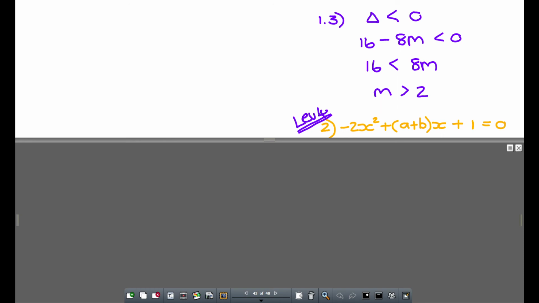Ja. Wat is my A-waarde? Minus 2, nee? My A value will be the coefficient of x squared. Okay? What is my B value? Meaning the coefficient of x. Daai hele hakkie van A plus B. En my C waarde is 1.